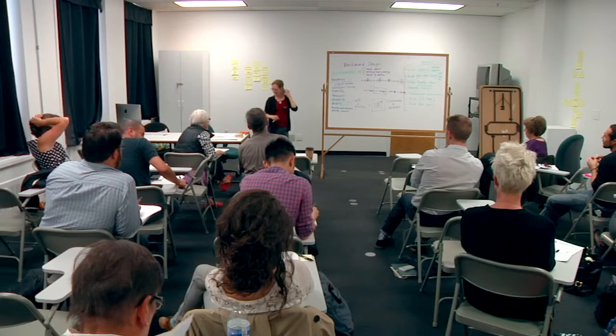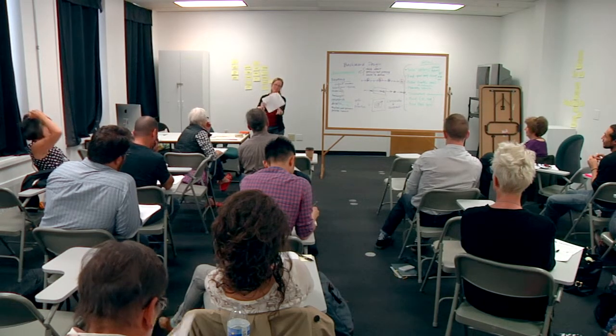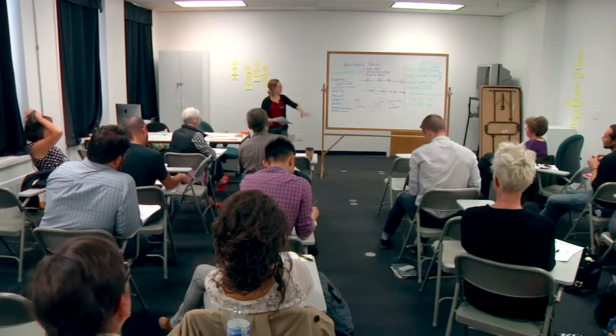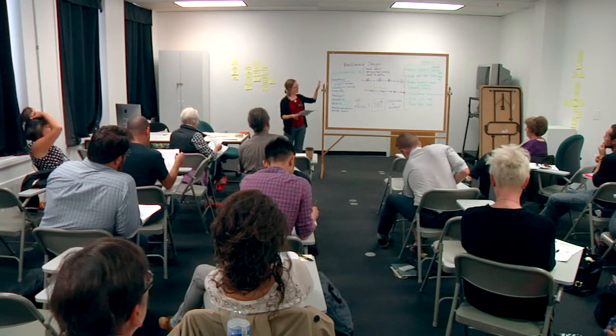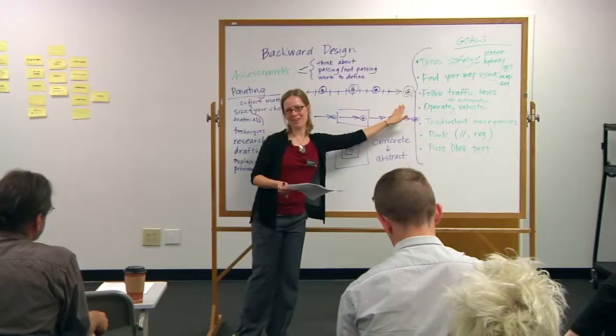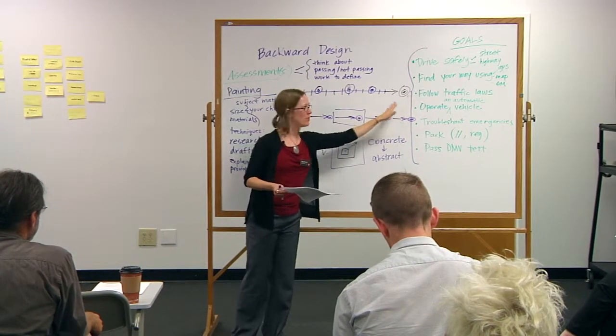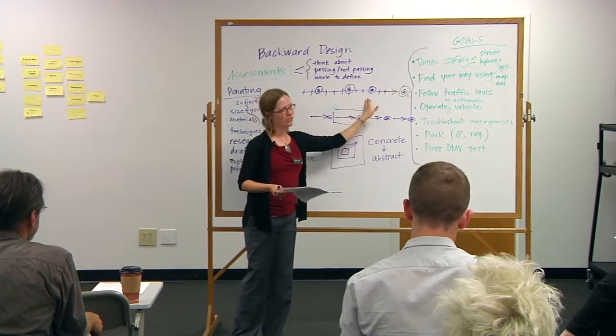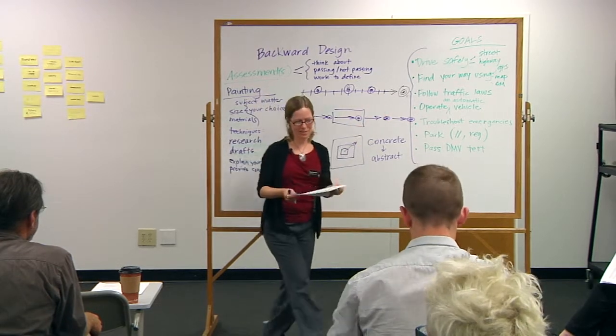So again, going from the goals to looking at some assessments, or we can think of them as checkpoints along the trip that will help you plan your journey to each point.